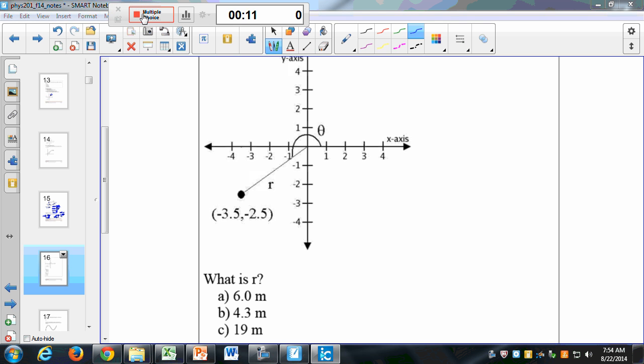So I want to know what is the length R. You're going to use the Pythagorean theorem to find R. You can draw a little triangle here, just like this.